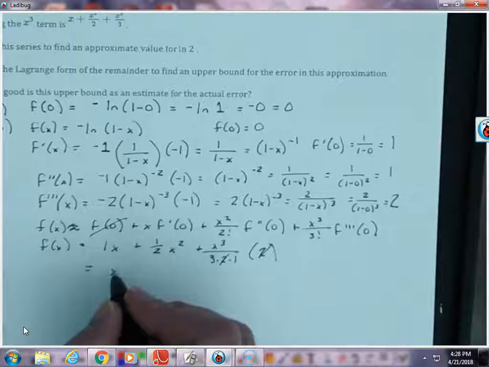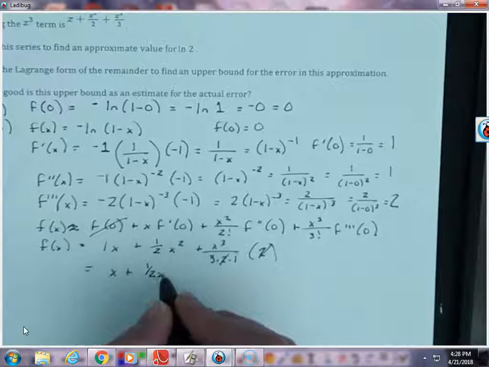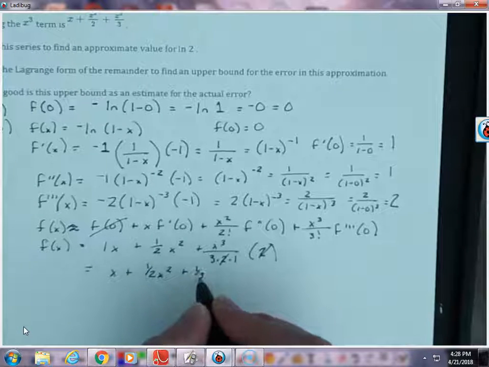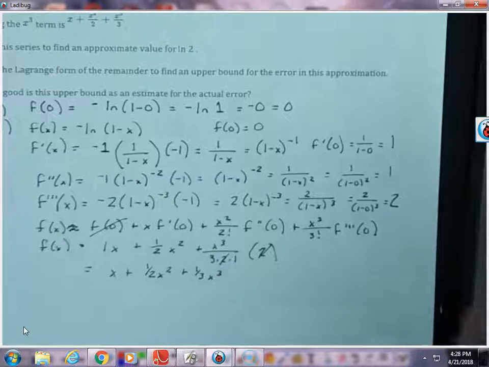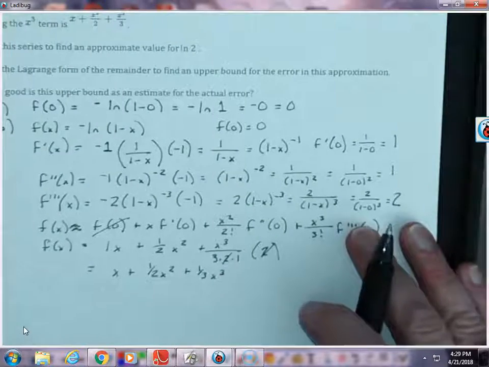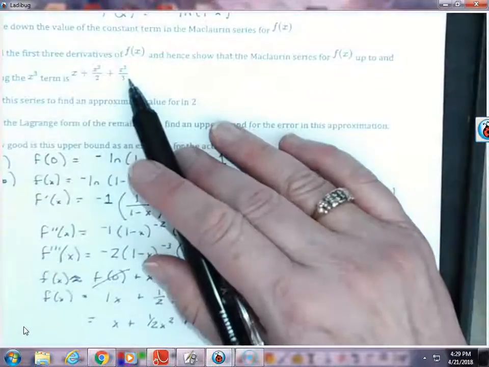So altogether I have x plus 1 half x squared plus 1/3 x cubed, and that is exactly what they want me to show. So we have completed B.